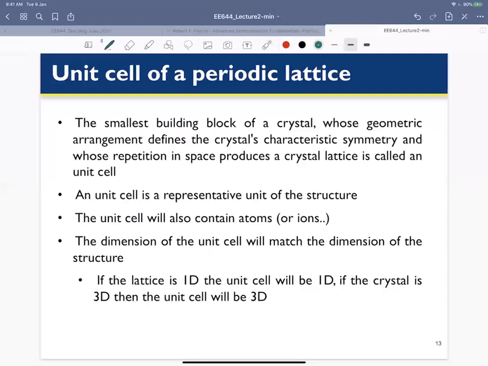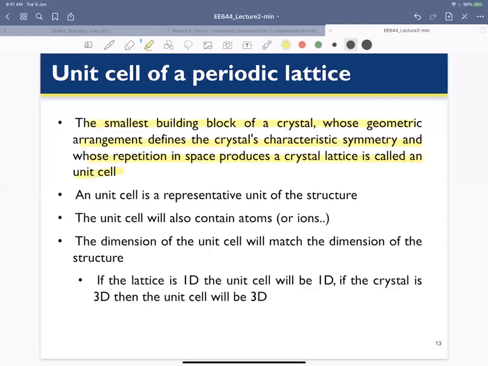The definition of unit cell is the smallest building block of a crystal whose geometric arrangement defines the crystal's characteristic symmetry and whose repetition in space produces the crystal structure. If you take a unit cell and place it in the x direction for a 1D lattice, or in the x and y directions, you will get the 2D crystal, or 2D material.